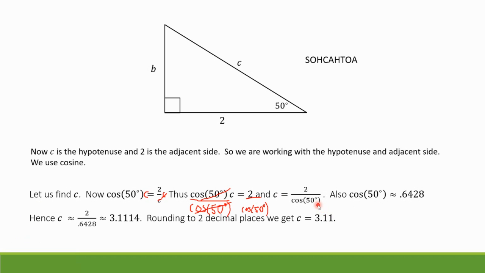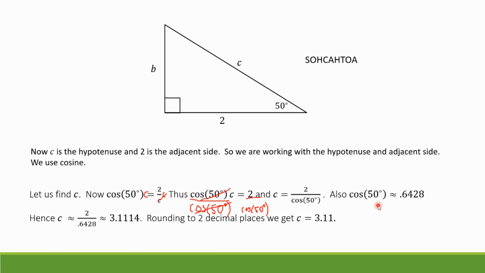Now, what do we do next? Well, we have to figure out what cosine of 50 degrees is. That's equal to 0.6428. Again, you can use a calculator for that. Just make sure you're in degree mode. If you're in radians, the calculator will think you want cosine of 50 radians, which is not what you want.